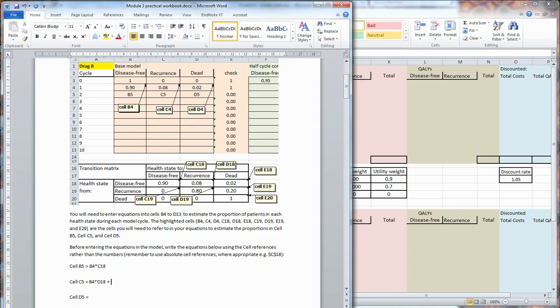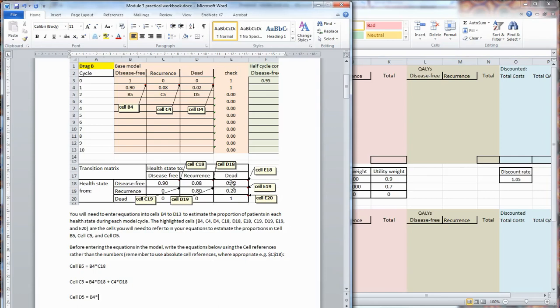And we've also got the proportion of patients who were in recurrence in the previous cycle, so that's cell C4, multiplied by the probability of remaining in recurrence at the end of the cycle, and so that's recurrence to recurrence, that's cell D19, and if you're dead, you've got a 0 probability of moving to recurrence, so we don't need to worry about that transition probability.